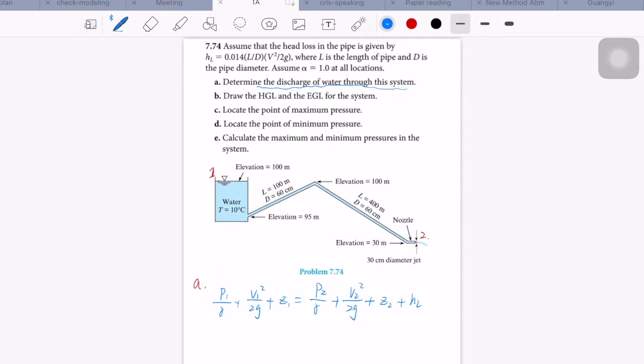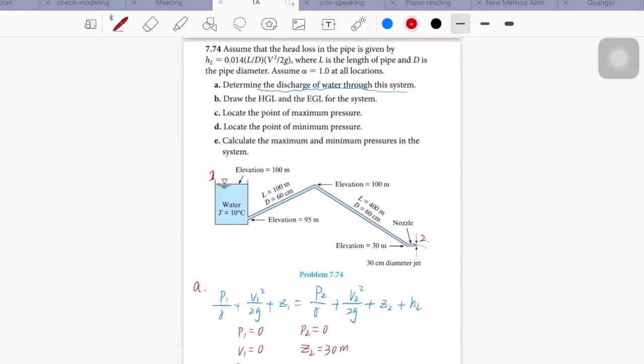From the problem, we know P1 equals 0, V1 at the water surface is neglected so V1 also equals 0, and Z1 equals 100 meters. P2 also is 0, and Z2 is 30 meters.